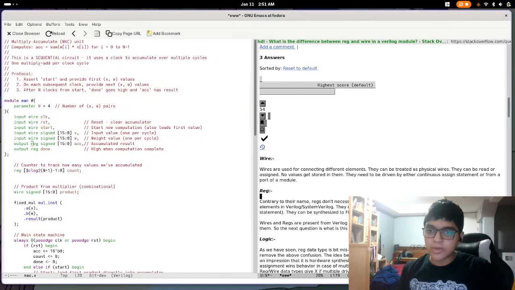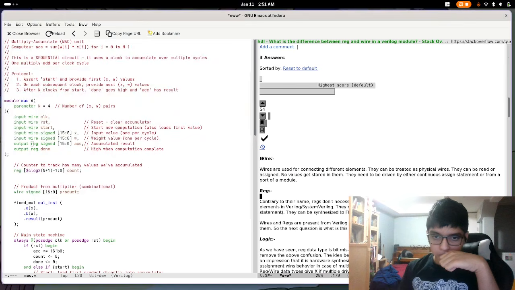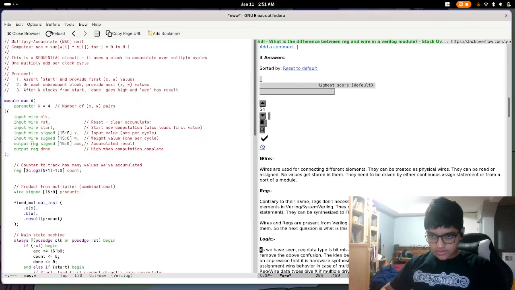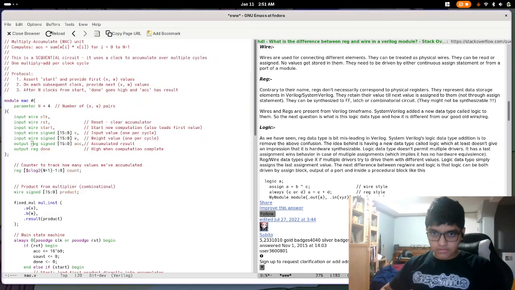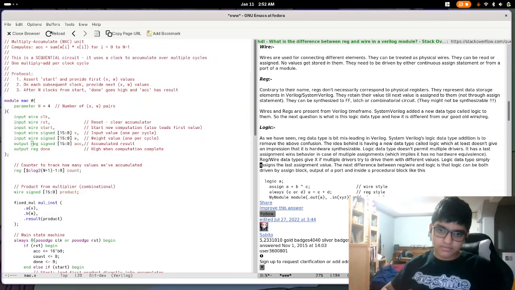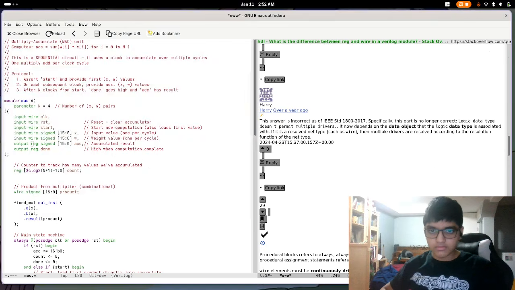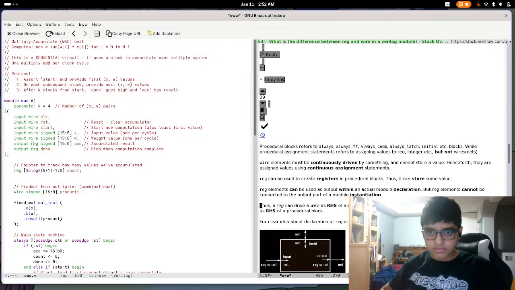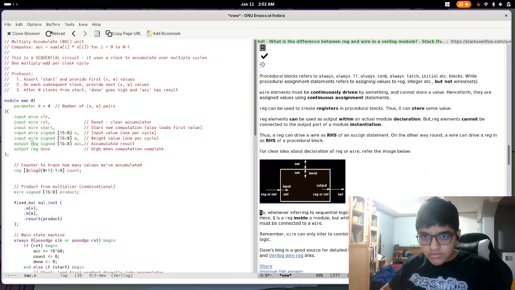They don't necessarily correspond to physical registers. Registers represent data storage and obtain their value until the next value is assigned to them. They synthesize to flip-flops, latches, or combinatorials.